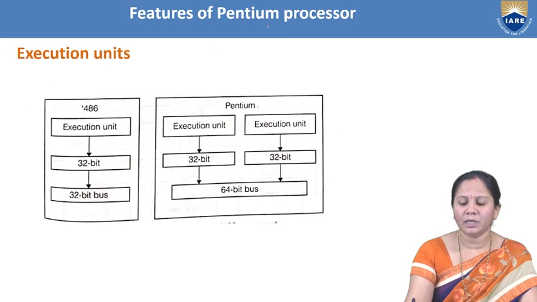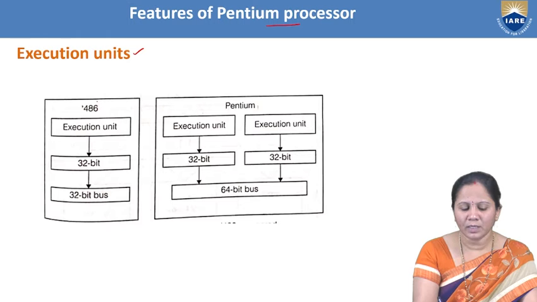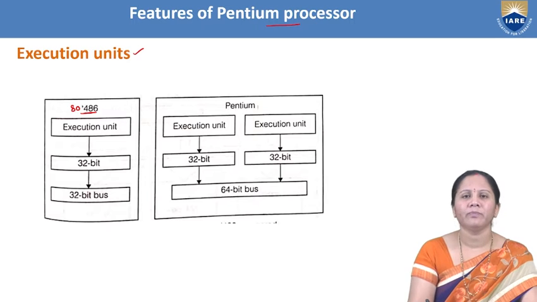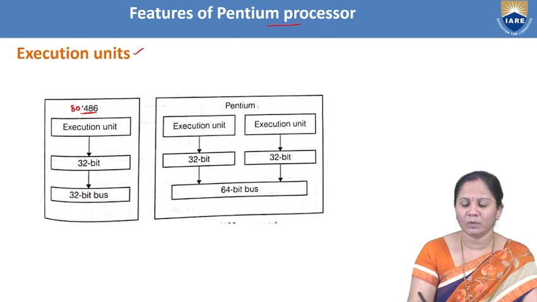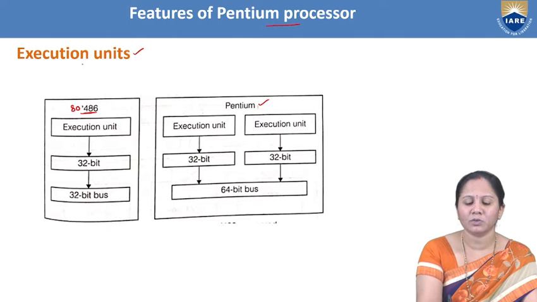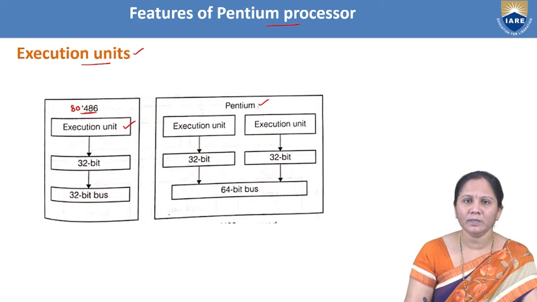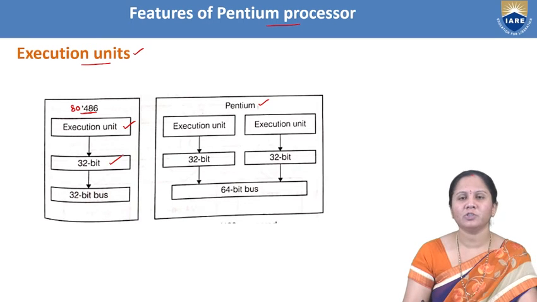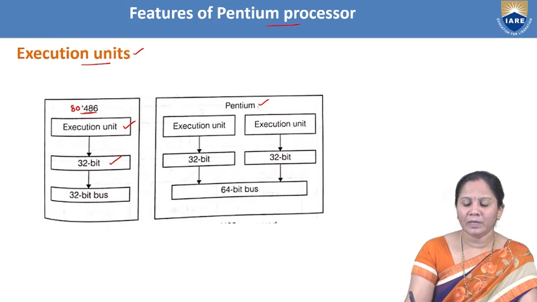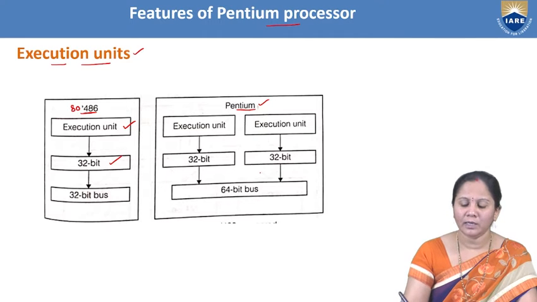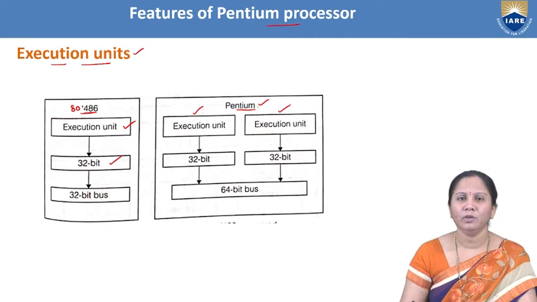Coming to the next feature of the Pentium, it is regarding execution units. Coming to the architecture again, what advancements have been done in the Pentium processor regarding execution units? In 80486, we have only one execution unit, capable of performing operations on 32 bits only. But in the Pentium processor, we have 2 execution units.